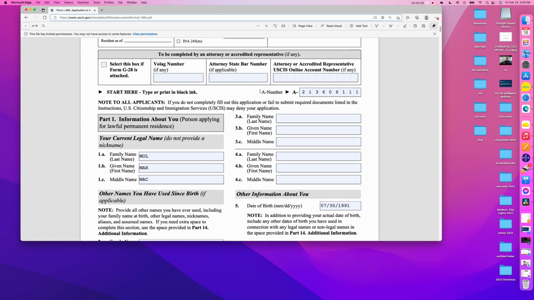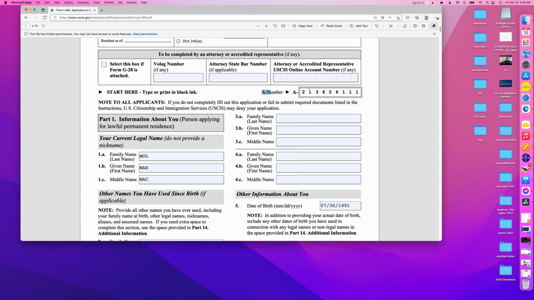So A number, guys, please take note. Your A number is in your NOA 2. If you're K1, it's on the upper part of your name. Okay? So this is my A number. But of course, it's not my real A number, guys. It changed. All right.